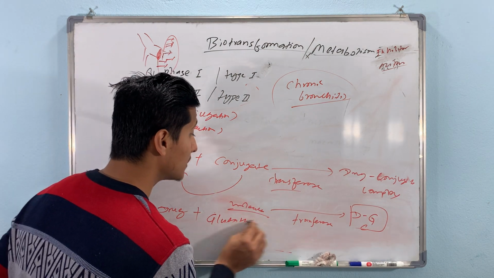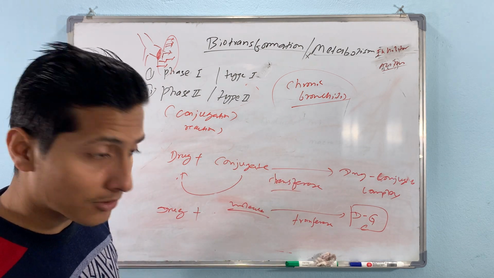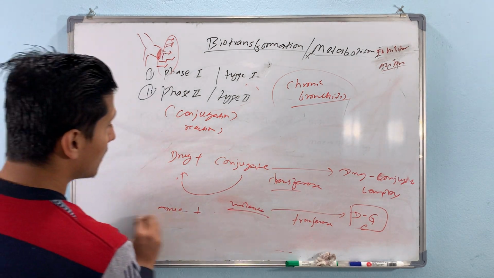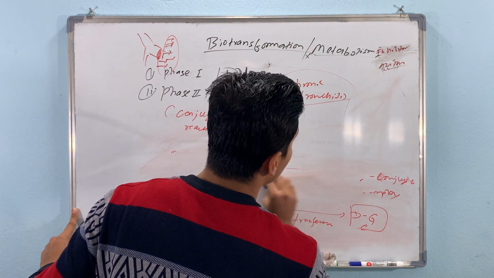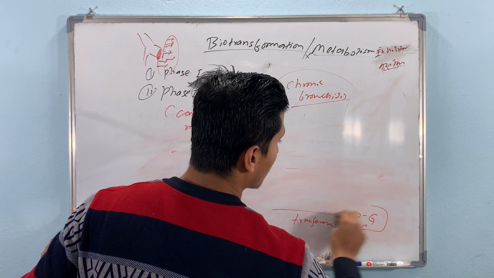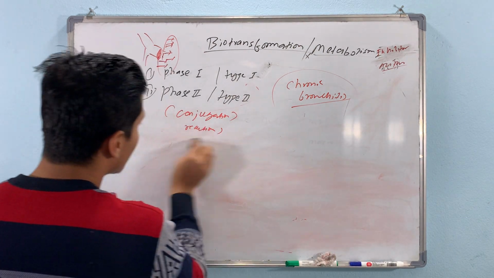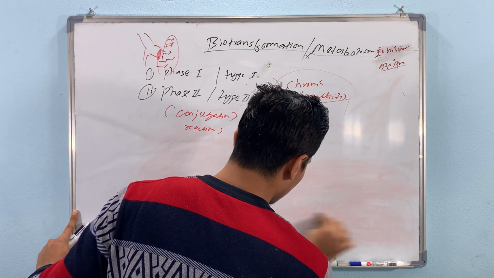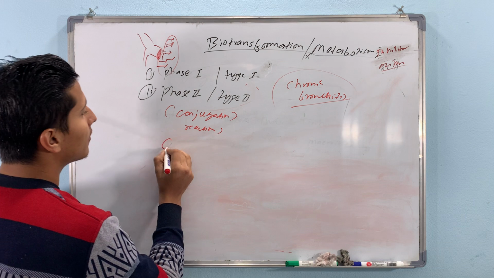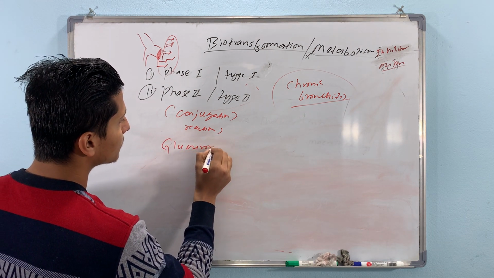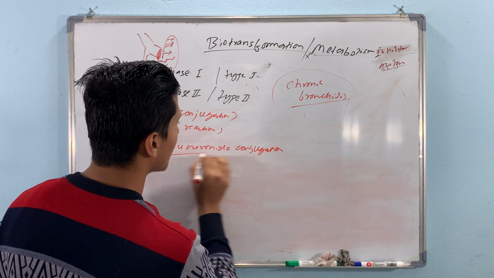And if the group is glutathione, that's called glutathione conjugation reaction. Out of these three different conjugation reactions, the only important reactions from an exam point of view are the glucuronide conjugation and the acetyl conjugation, which we're going to discuss now. So let's talk about glucuronide conjugation. What is glucuronide conjugation?